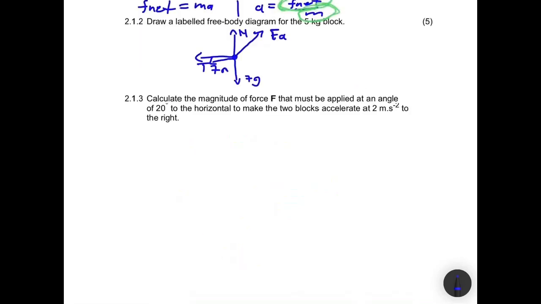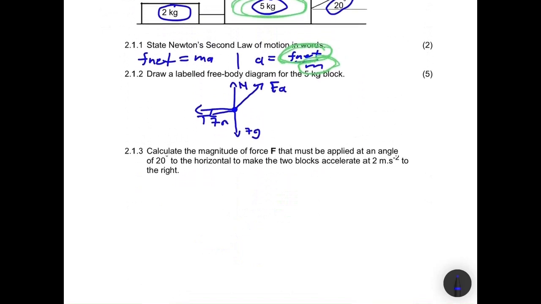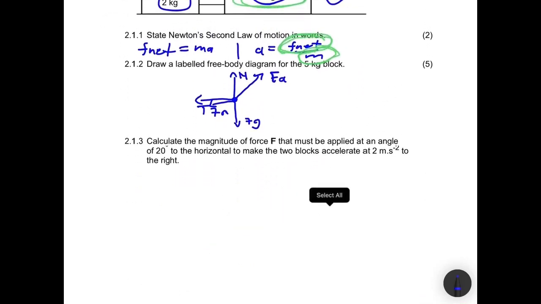So let's do 2.1.3, which says let's calculate the magnitude of force F. Force F is the applied force, right? That must be applied at an angle of 20 degrees to the horizontal to make the 2 blocks accelerate at 2 meters per second squared to the right.